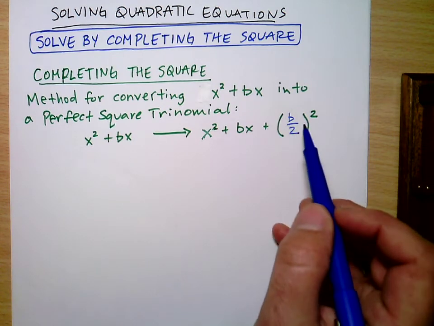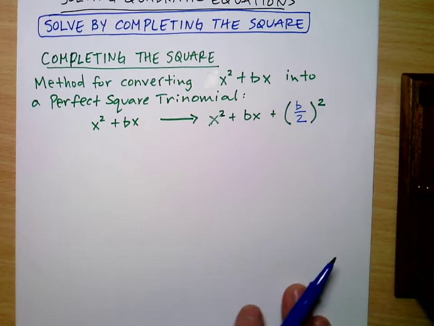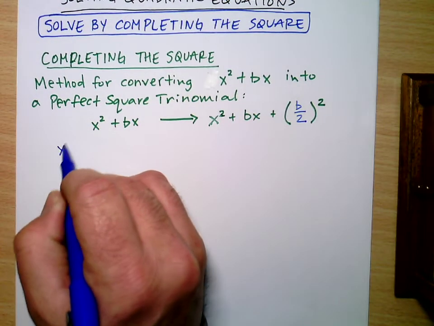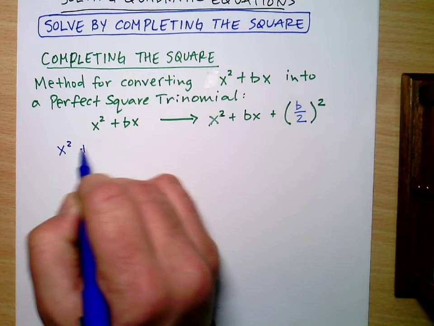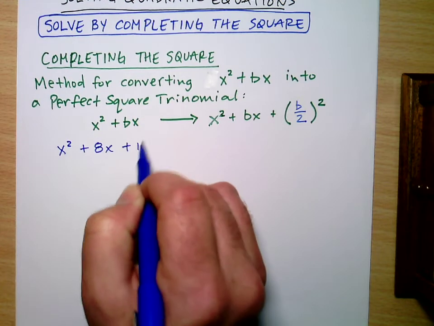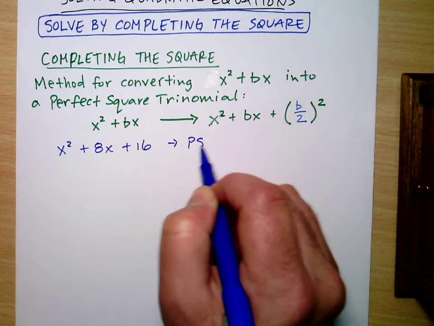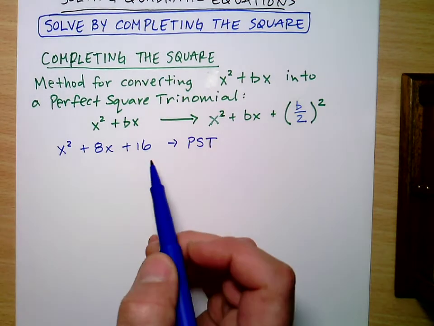But why b over 2? Let's take a look at an actual example. If I look at x squared plus 8x plus 16, this is a perfect square trinomial. How do I know? Remember we talked about this.